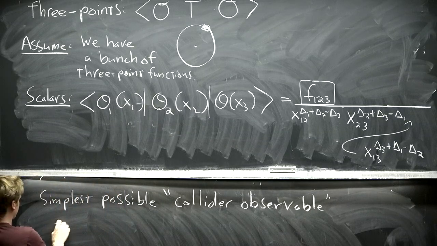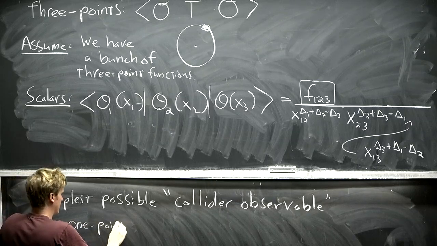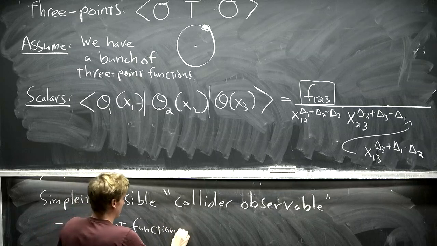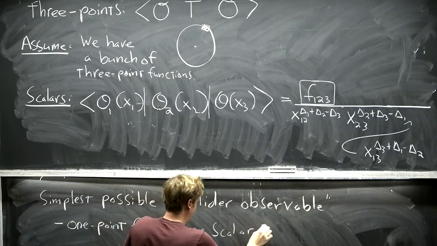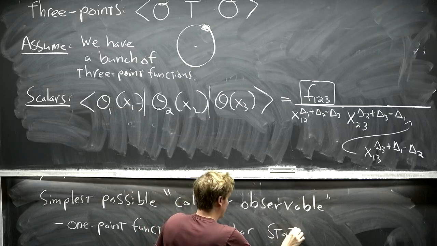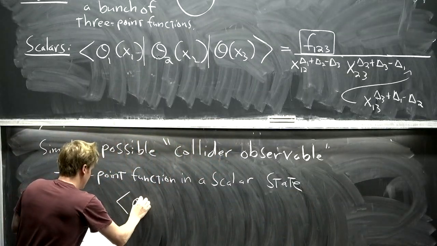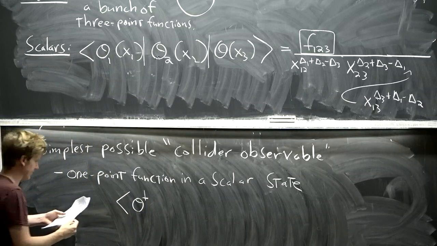So I want to do the one-point function in a scalar state. And so in particular, what I want to do, and I'll write these without writing the Fourier transform every time. So I want to have some operator.